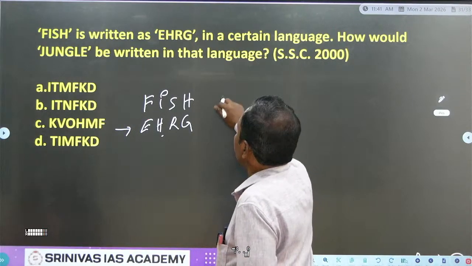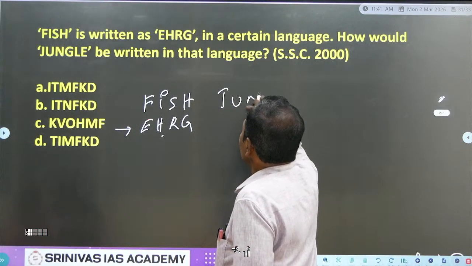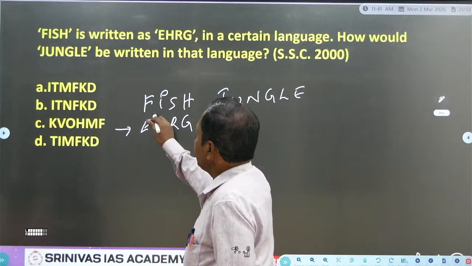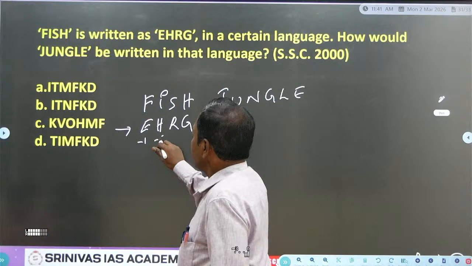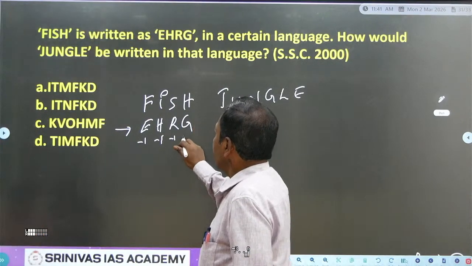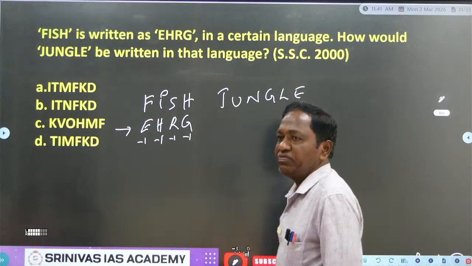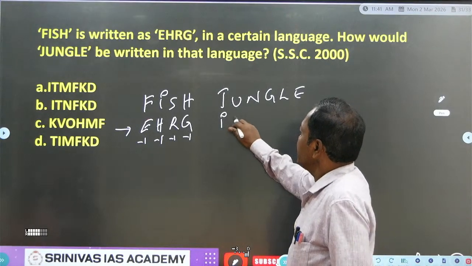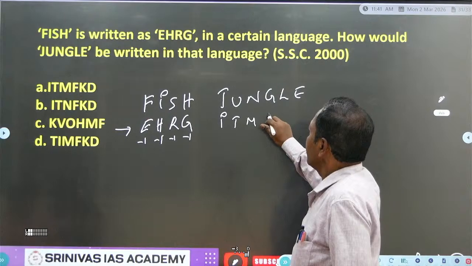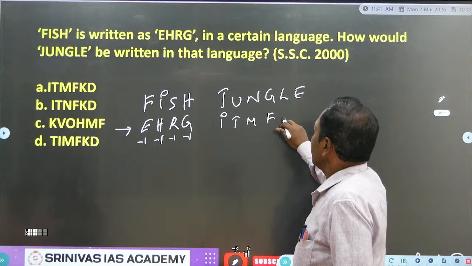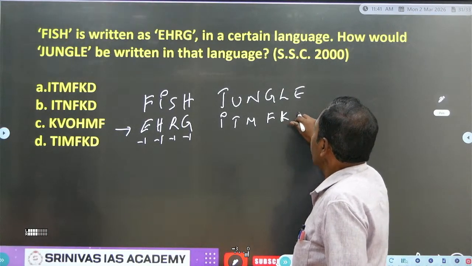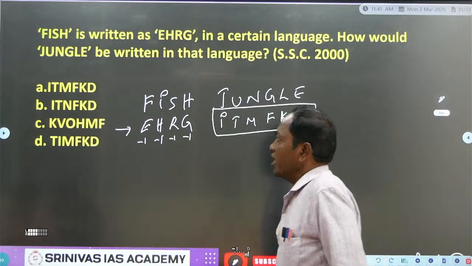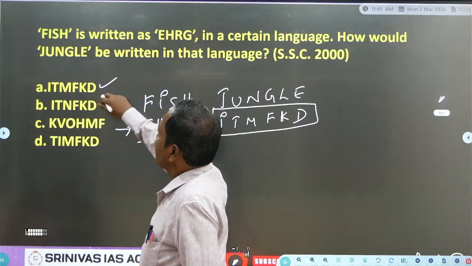How would JUNGLE be written in that code? EF minus 1, HI minus 1, RS: all minus 1, the immediately previous letter. IJ, TU, MN, FG, KL, DE: ITMFKD. Option A.